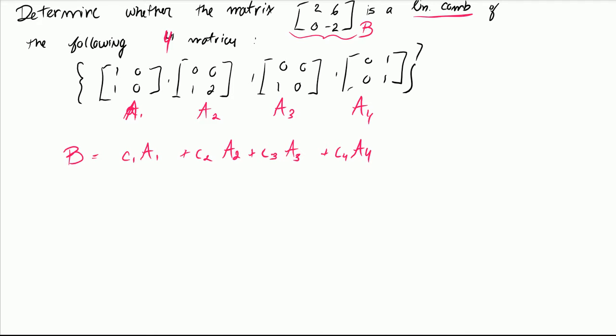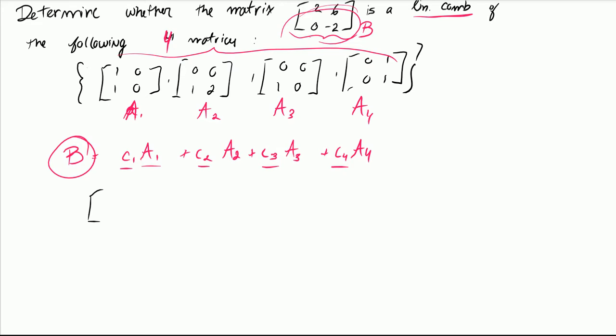I want to see if I can find four scalars such that when I scale each of these matrices by the respective scalar and add them up, I get the matrix that I want, B. So that's what it means for this matrix to be a linear combination of these four matrices.